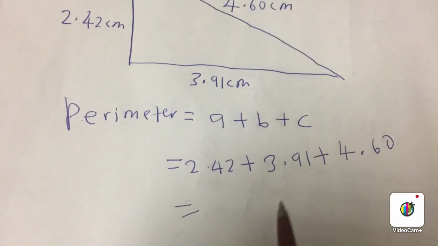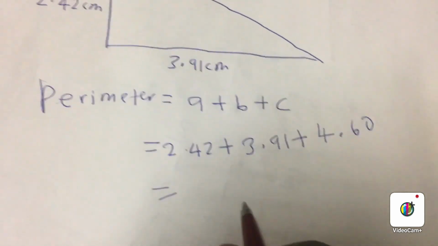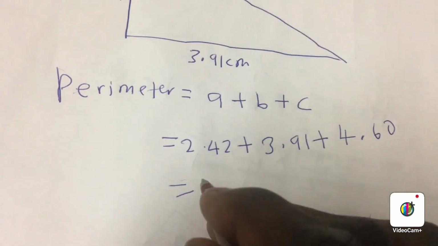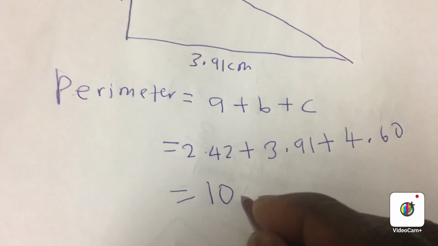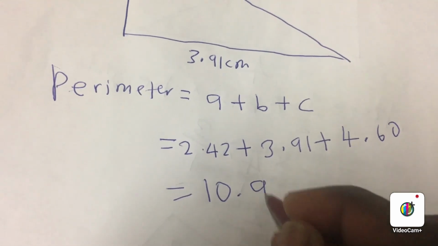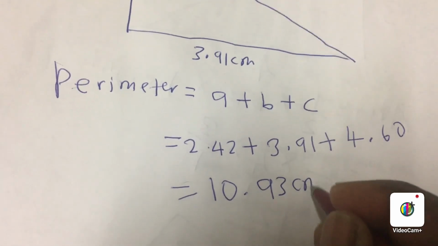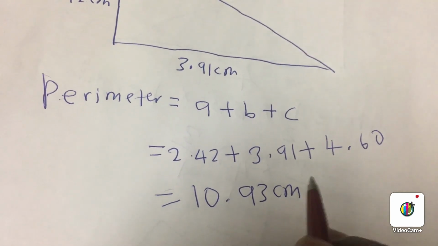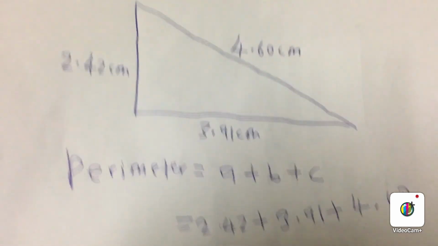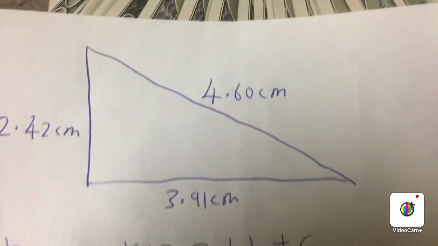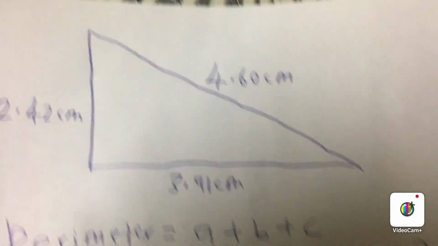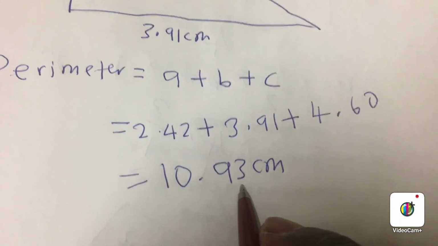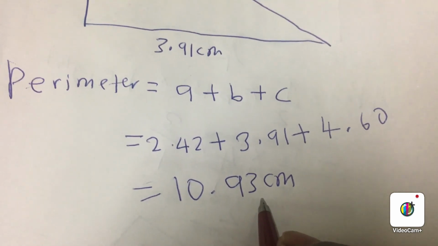So when you add these numbers together, your answer will be 10.93 cm. Now, for perimeter, you don't need to make it squared. So the perimeter of this triangle here is 10.93 cm.